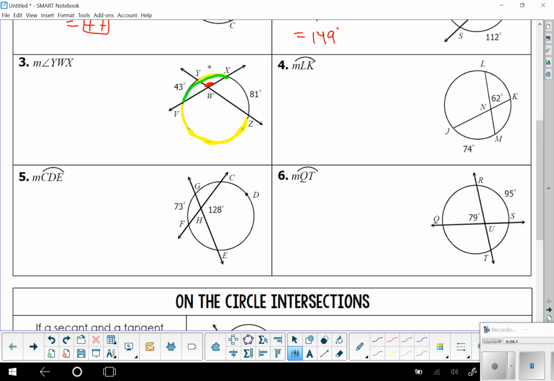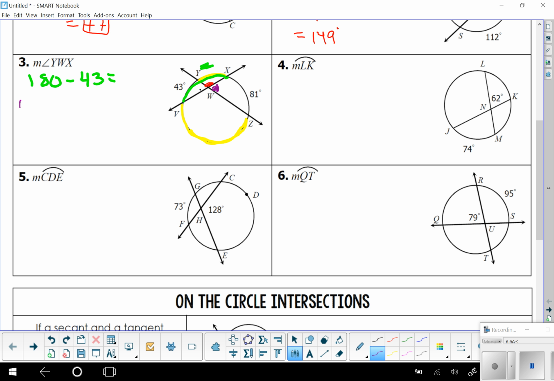So you could find this one right here by doing 180 minus the 43, or you could get one of these angles and then just do 180. Why don't we do that instead? So let's just do this one right here.